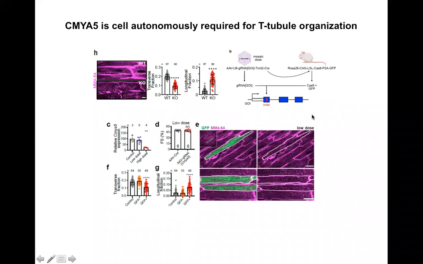As you can see, the low dose AAV did not affect heart function, however, it still disrupted the T-tubules in the GFP-positive cells, while the T-tubules in the GFP-negative cells remained quite normal. As also can be seen from the statistics, this suggests CMYA5 cell-autonomously regulates the T-tubule structure.